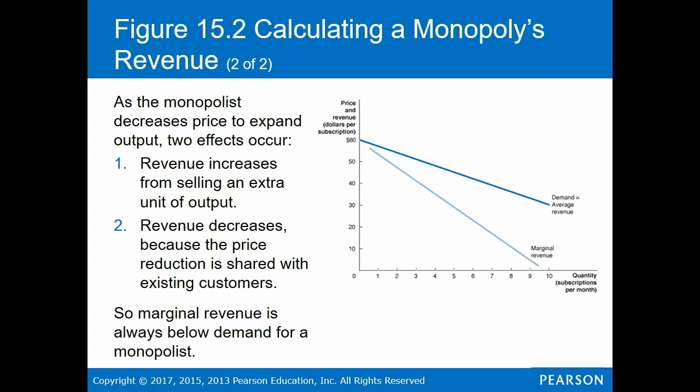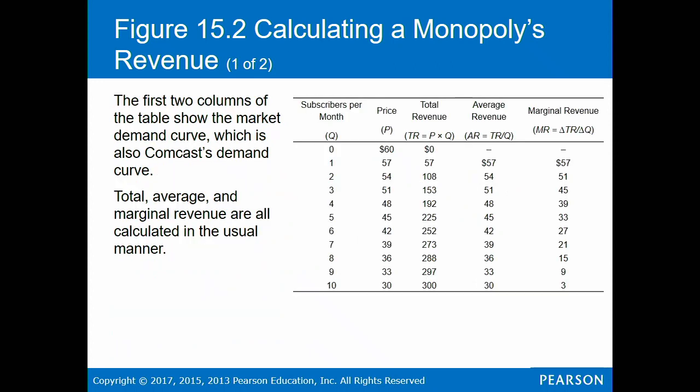But when we decrease the price, that's not just for that last unit. It's for every single unit before that. So we'll also have revenue fall because the price reduction on the previous few units is going to mean less revenue for the firm. So we end up with a marginal revenue always below the demand curve.